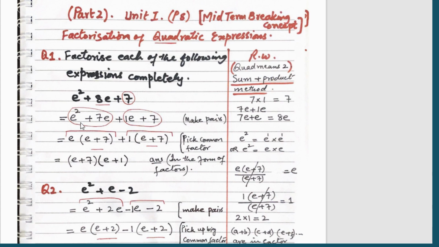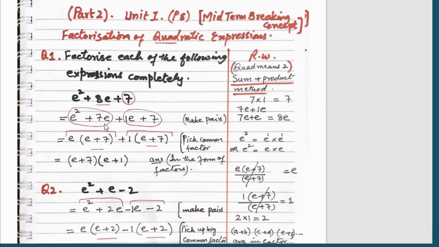Okay. In the third step, I will look at these two terms and see what element or what term or what variable is common. What number is common, what variable is common, because this is an expression in e. So look at this term. In both the terms, there is e involved, but the smaller power of e is e raised to power 1.